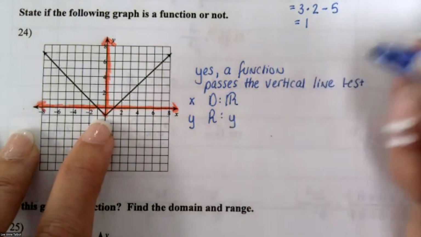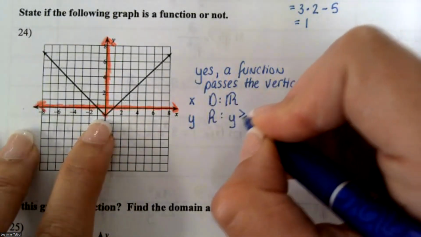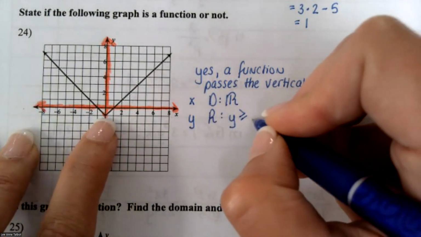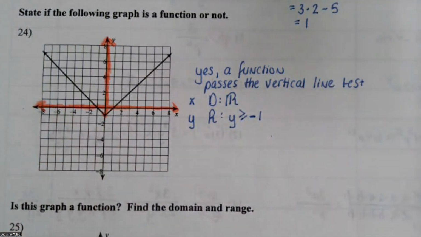So I start with Y. It's going up, so greater than or equal to, and then the lowest value is -1. I realize this is the spicy kind, but we need to do it.